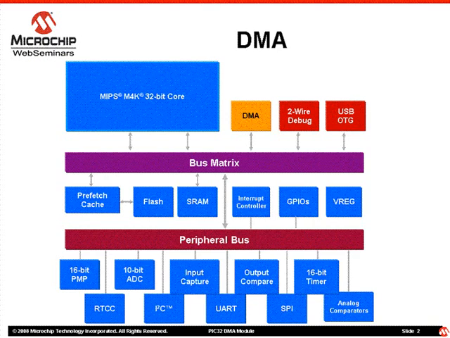As shown in this block diagram, the DMA module is located on the CPU bus, meaning that it runs at the same speed as the CPU. The DMA module can access any memory mapped address in the system, may it be SRAM, flash memory, or peripheral SFRs. Now let's look at the DMA module in more detail.